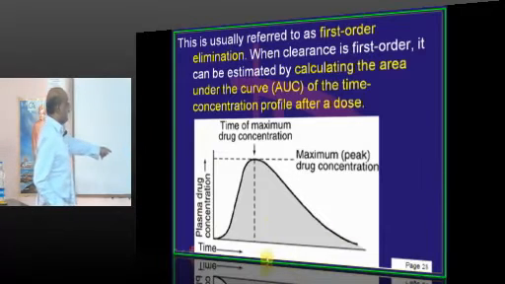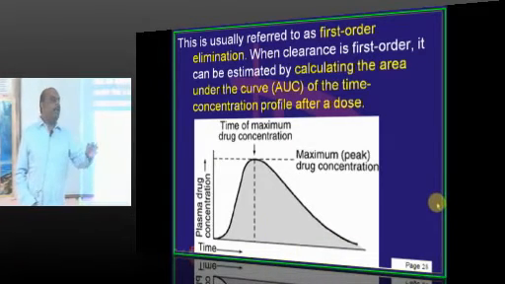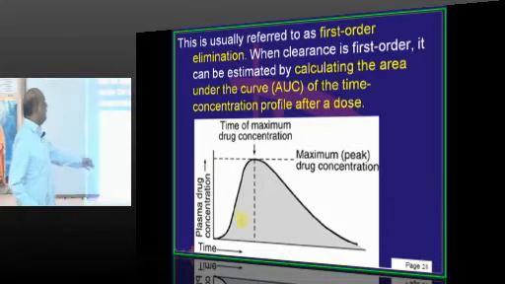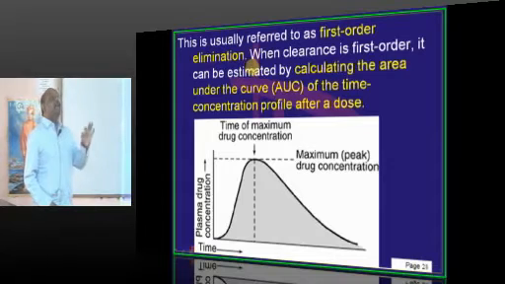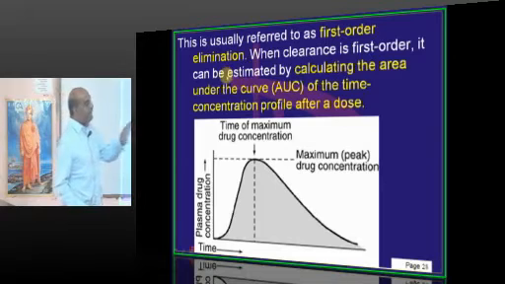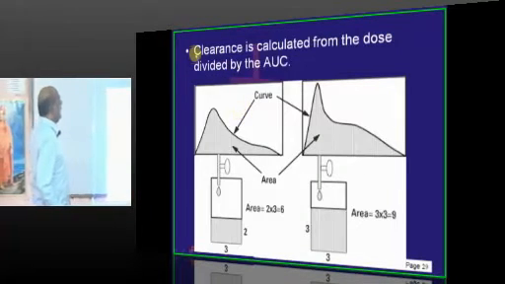You get a curve called the AUC curve, area under the curve. This area under the curve is an important indicator of the clearance. If you can calculate the area under the curve, you are indirectly calculating the clearance of that particular drug, is what you have to basically understand.